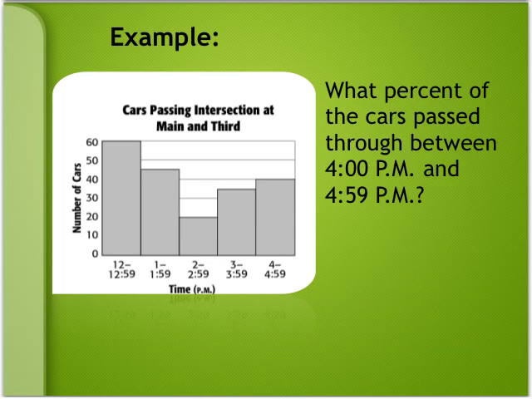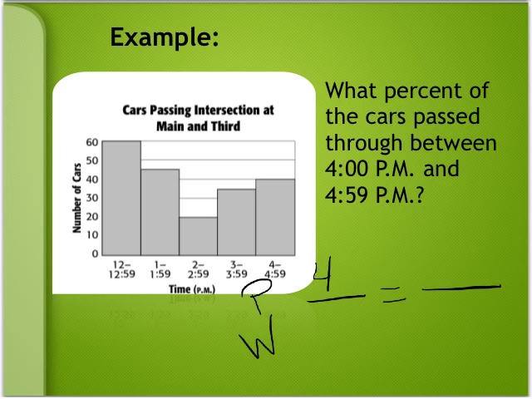Our next example says, what percent of the cars passed through between 4 p.m. and 4:59 p.m.? Well, I know that from 4 to 4:59, 40 cars passed. So to find a percent, we're going to set up a proportion. Remember, part over whole.